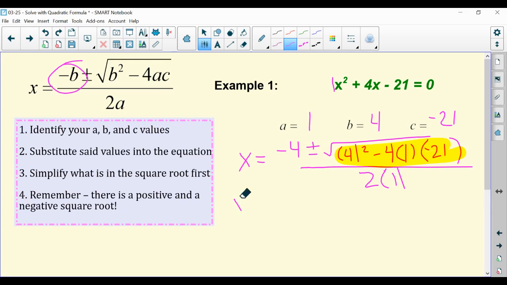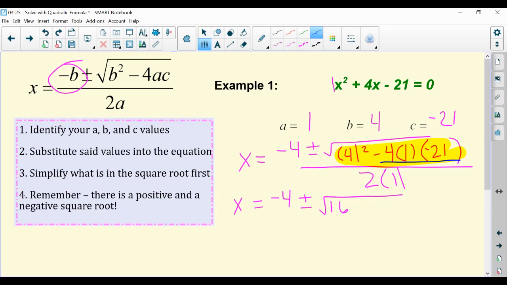So x equals my negative b plus or minus the square root. And my b squared is just 4 squared, or 4 times 4. So that's 16. And then I'm going to think about this set of numbers as negative 4 times negative 21 times 1. Right?